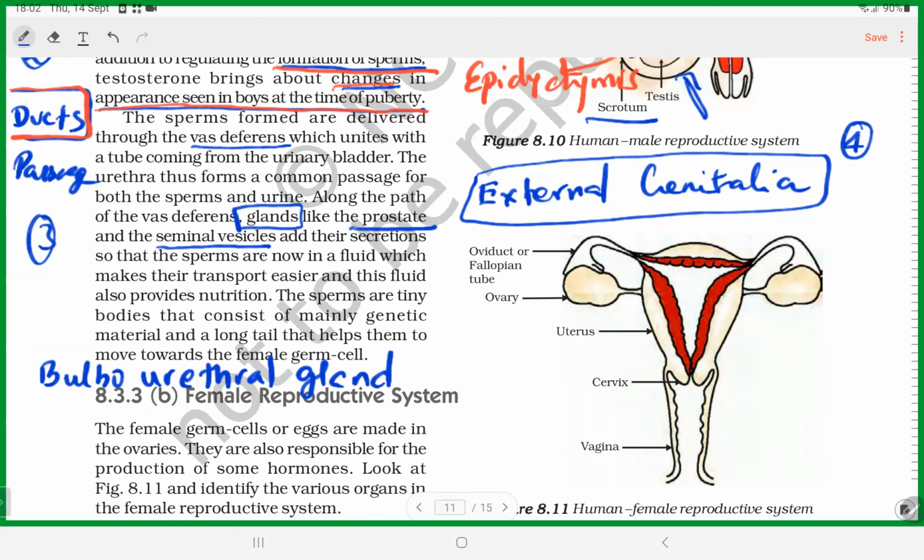Together the glands secrete a fluid called seminal fluid, which consists of water plus nutrients, minerals, fructose, and so on.